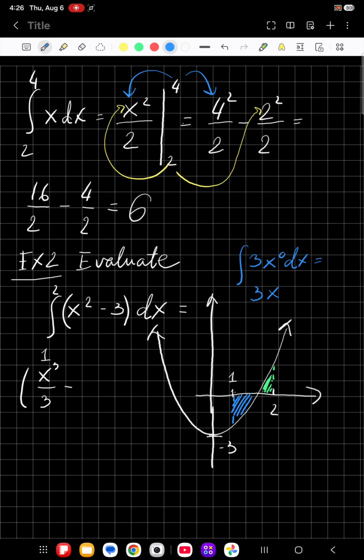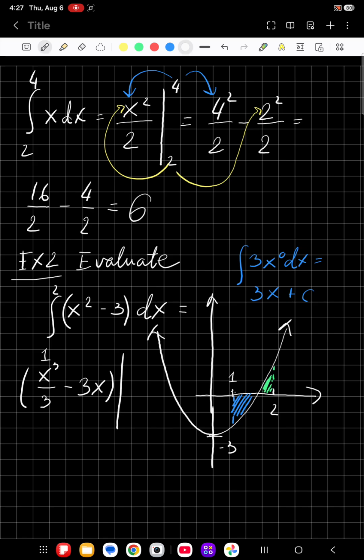And if we were just calculating that regular integral, I would have to write plus c, because here it's just a regular integral. Anyway, let's go back to our problem. So the antiderivative of -3 is going to be -3x.